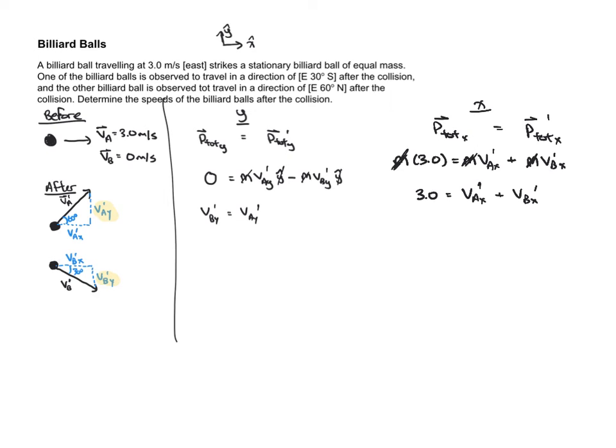So what we're going to do actually is relate some of these together using SOHCAHTOA. So I'll go back to the y side now and look at SOHCAHTOA. So VB, this one here, VB prime y, that's going to be VB prime times sine of 30 degrees with SOHCAHTOA. And similarly, VA prime y, so this one here, that's going to be VA prime sine of 60 degrees.